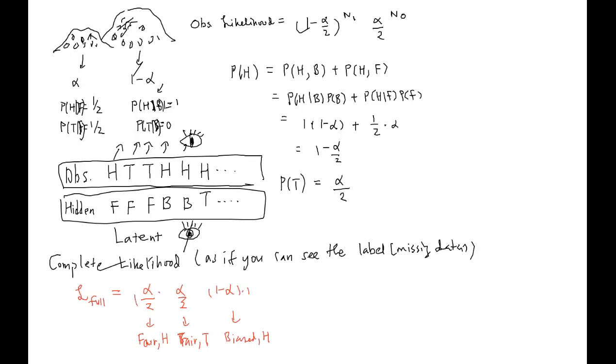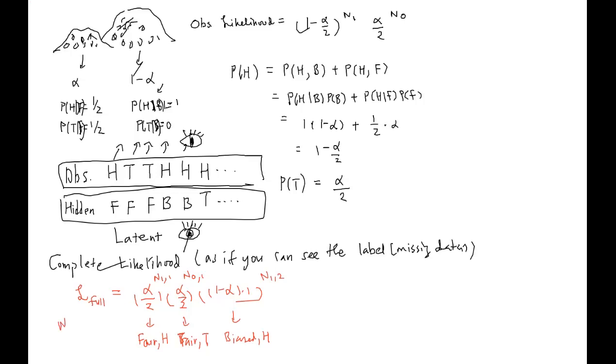And then you just need to count how many of them there are. So this one is N11, this one is N01, let's say a head is 1, and this will be N12.